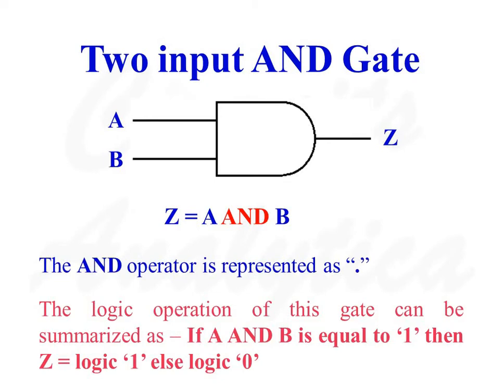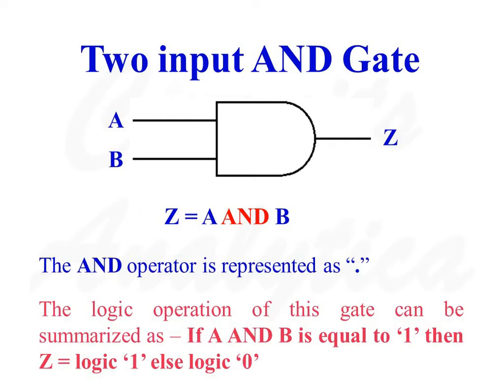Now let us discuss a two-input AND gate. The two inputs are A and B, and Z is the output. So the output Z follows the relation Z is equal to A and B. The logic operation of this gate can be summarized as: if A and B is equal to 1, then Z is equal to 1, else Z is equal to 0.